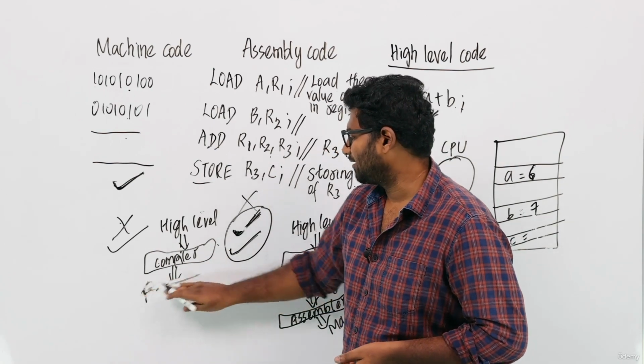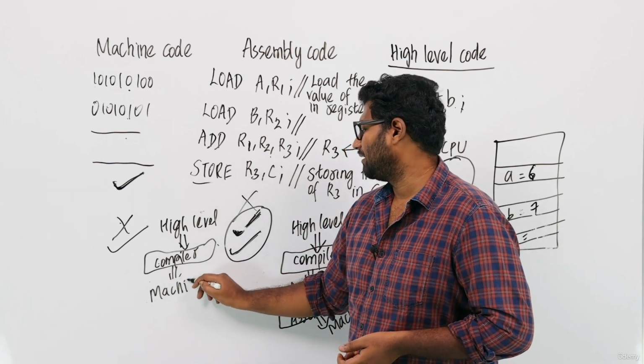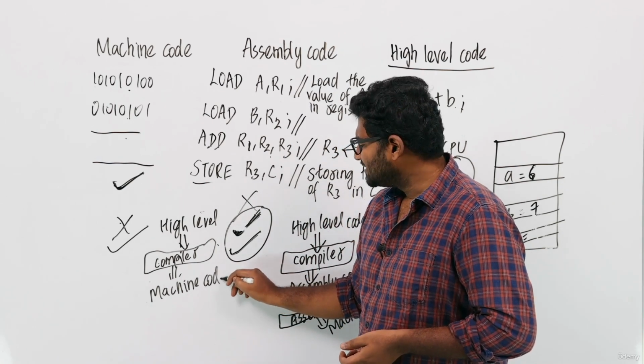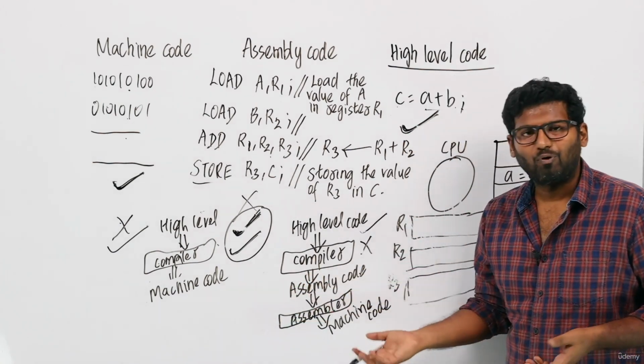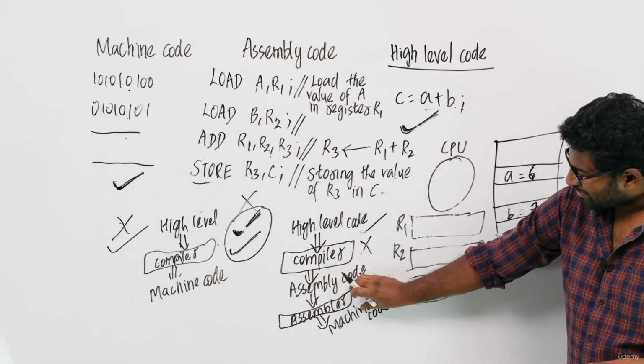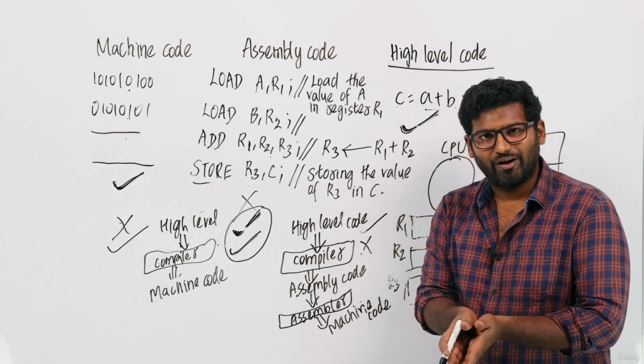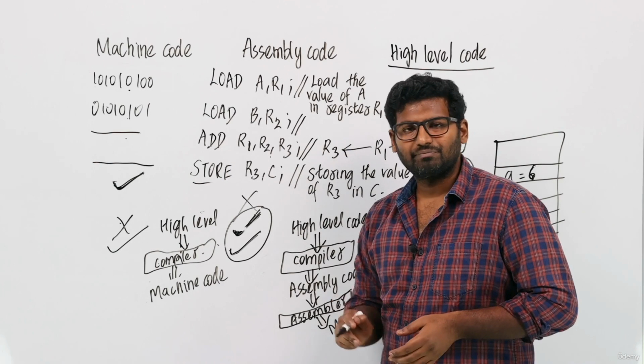Some textbooks are writing it in a simpler way just like this. Actually both are correct. The reason is these days both this assembler software and compiler software are implemented using a single software and we say it as compiler.